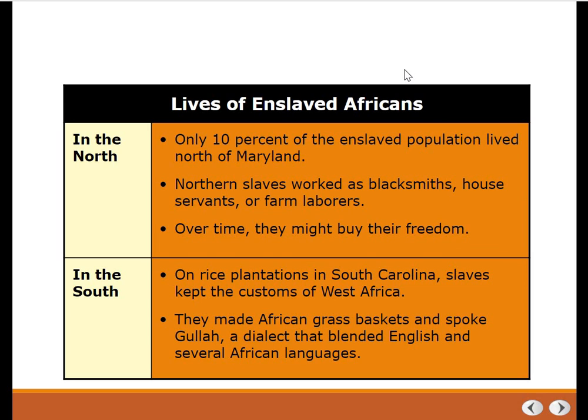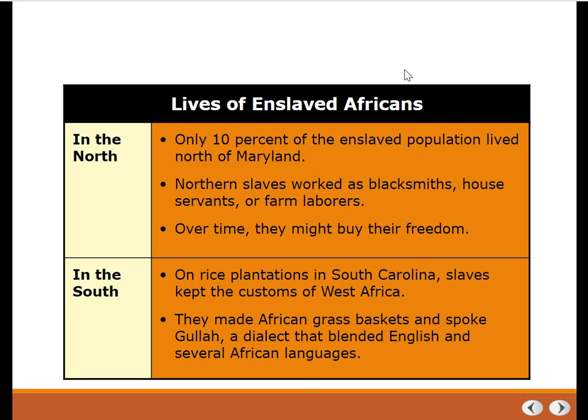It is important to know the lives of enslaved Africans were different depending on what region they lived in. So in the North, there was a much smaller population of enslaved Africans. And in the North, they often worked as blacksmiths or house servants or farm laborers.